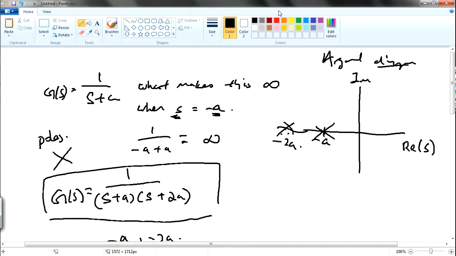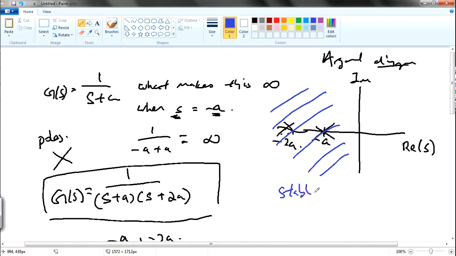And also, before I go to the page itself, this portion is considered stable. Whatever value of s is in this portion, shaded in red, we say that these poles or zeros are unstable.